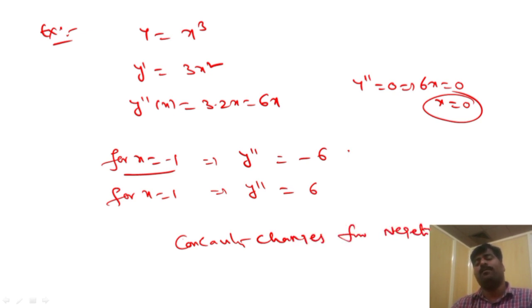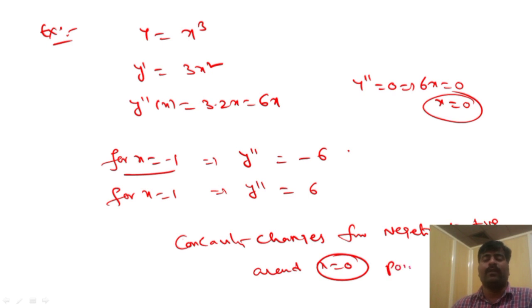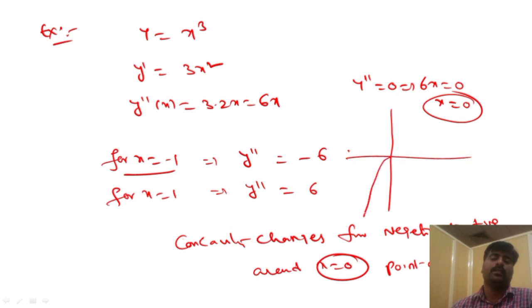So around x equal to 0, this point is called the point of inflection. As you know, y equal to x cube will look like this.